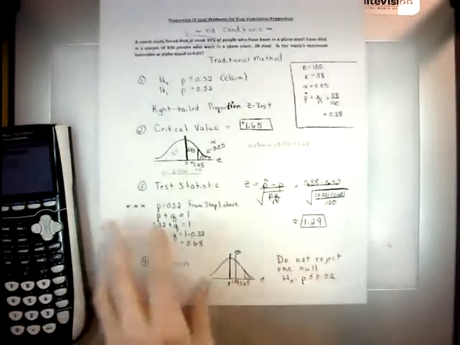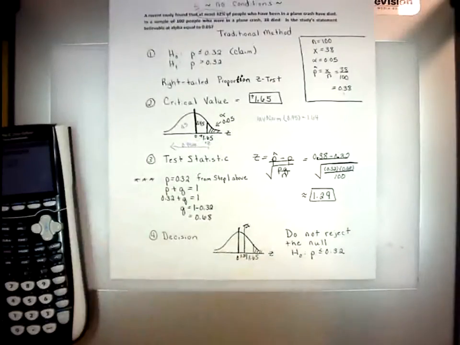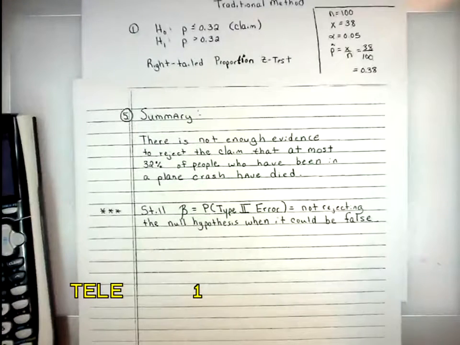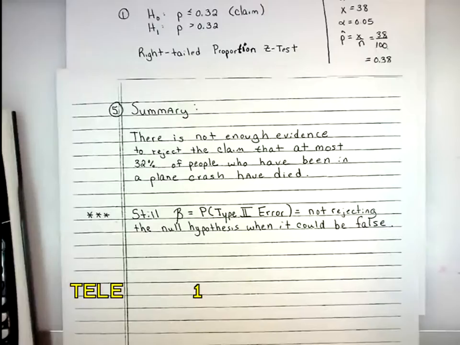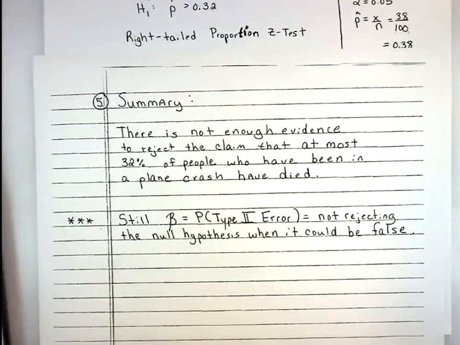And I have that decision or summary statement stated here. So let me show you that. There is not enough evidence to reject the claim that at most 32% of people who've been in a plane crash have died. And still beta, type 2 error, not rejecting the null hypothesis when it could be false, is the possibility of mistake.